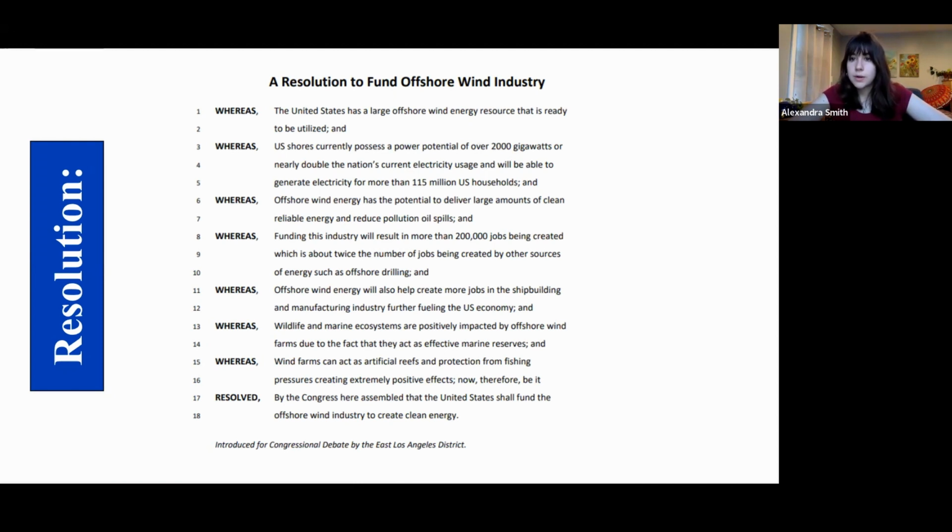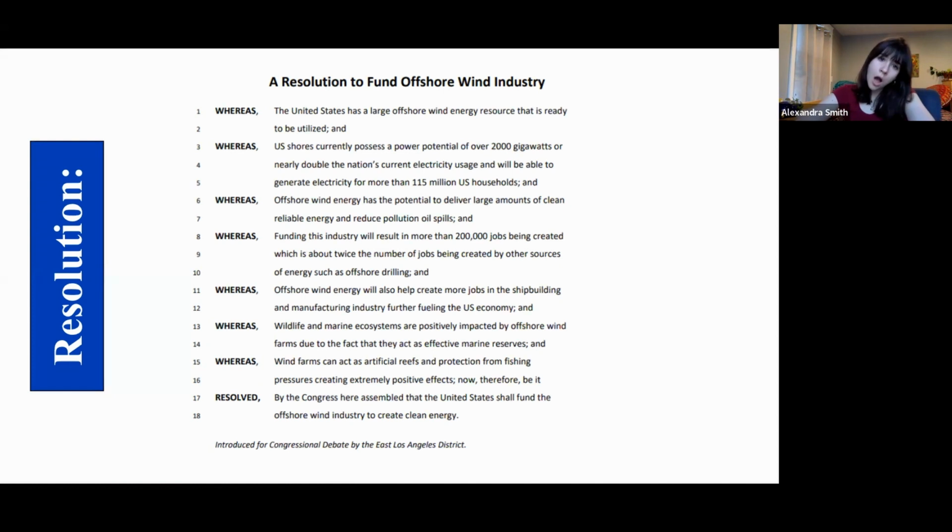So all of these whereas clauses, you see there's a number of them, lead to the resolved clause. So whereas the United States has a large offshore wind energy resource that is ready to be utilized, and US shores currently possess a power potential of over 2,000 gigawatts, or nearly double the nation's current electricity usage, and will be able to generate electricity for more than 115 million American households.